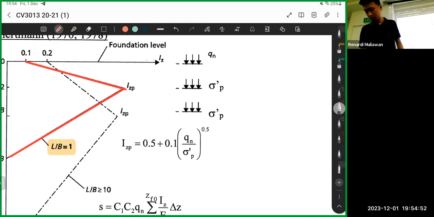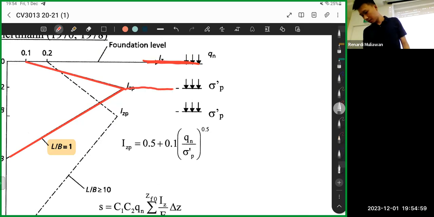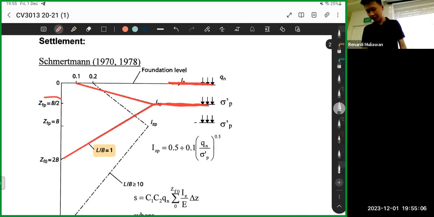Sigma p prime means the effective stress at the peak, so basically the effective stress at ZFP. This one, ignore this, it's just telling that it's for the other one.